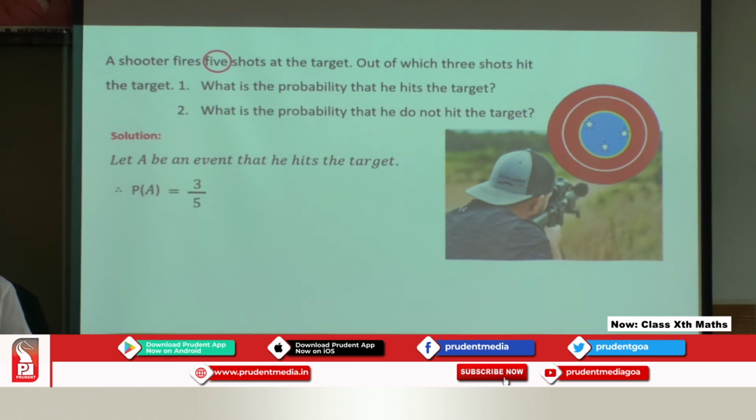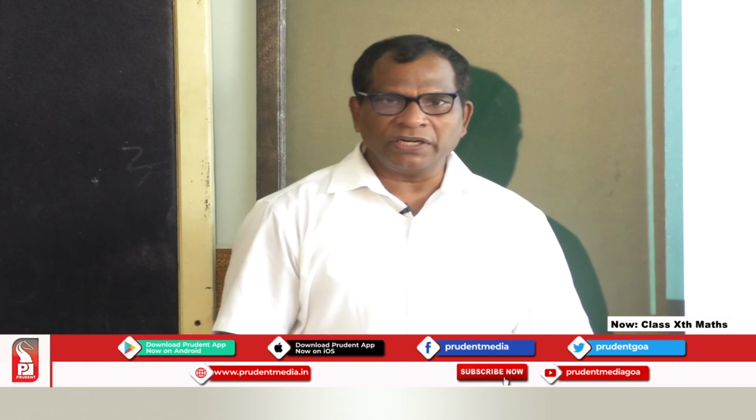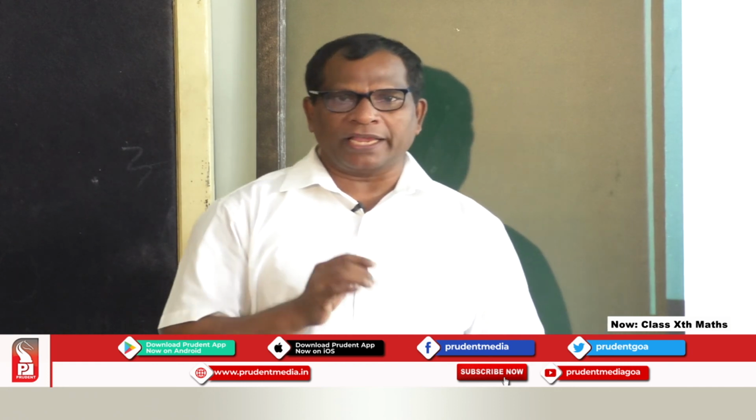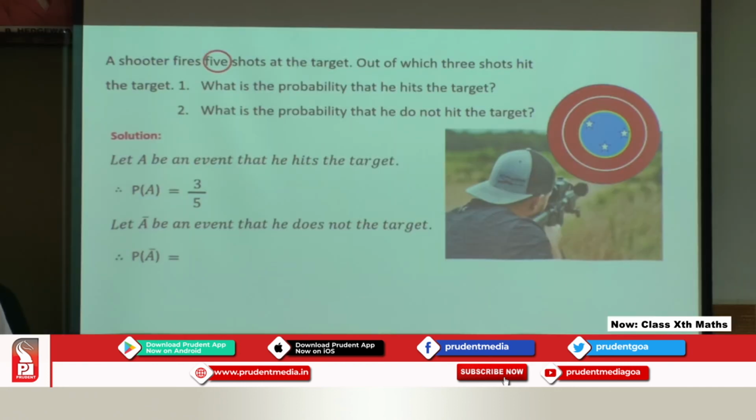Now I want the probability that he does not hit the target. So I'll call it not A. Let A bar be an event that he does not hit the target. In other words, probability of not A. That will be, now look at the picture.